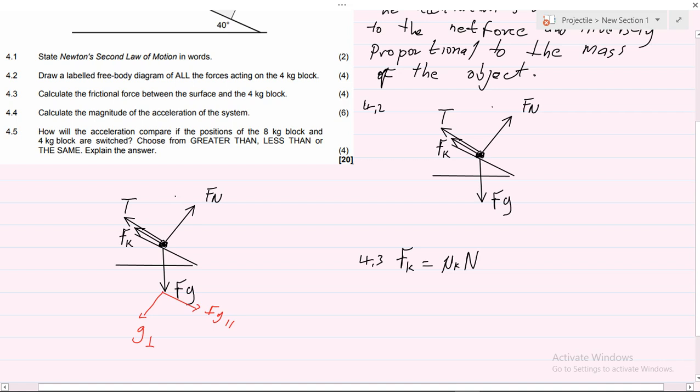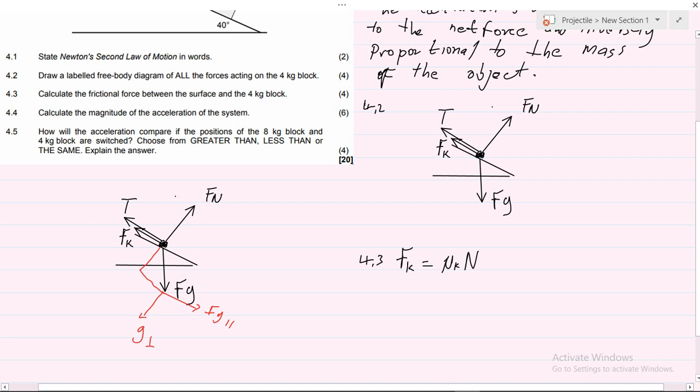So by using that property, we can take Fg parallel and Fg perpendicular and build a triangle where Fg is the hypotenuse, and the other two sides are the components Fg perpendicular and Fg parallel.